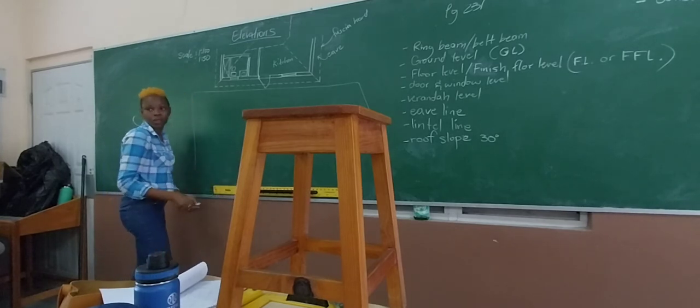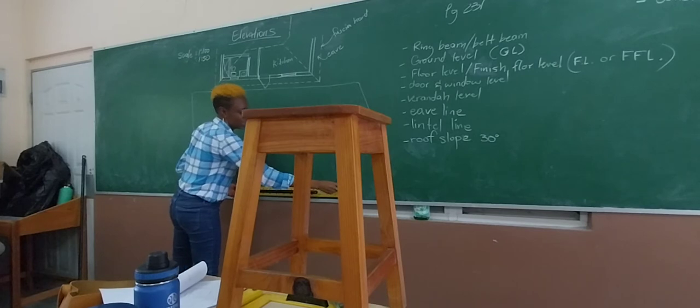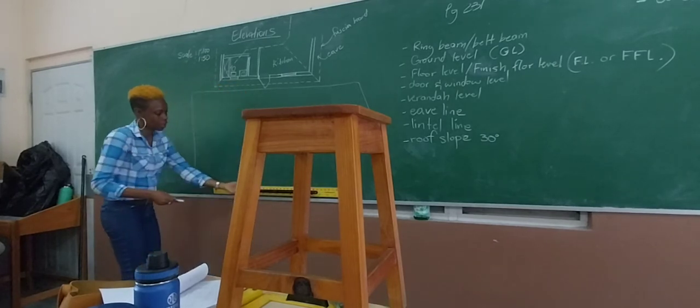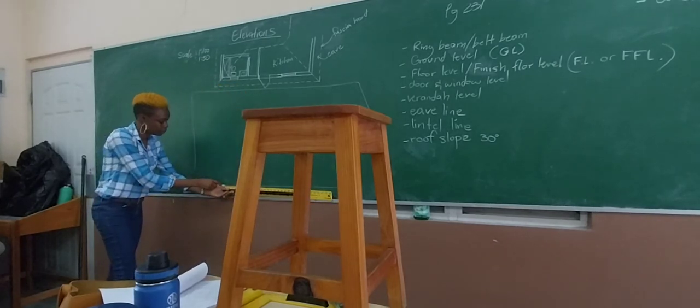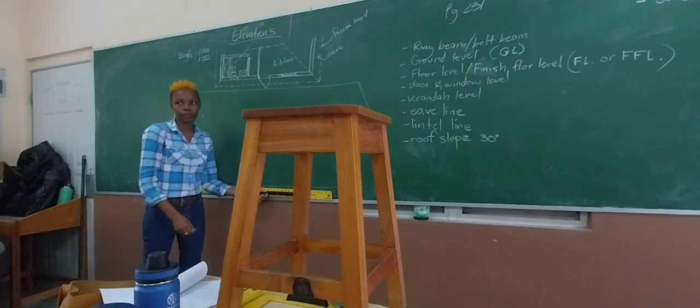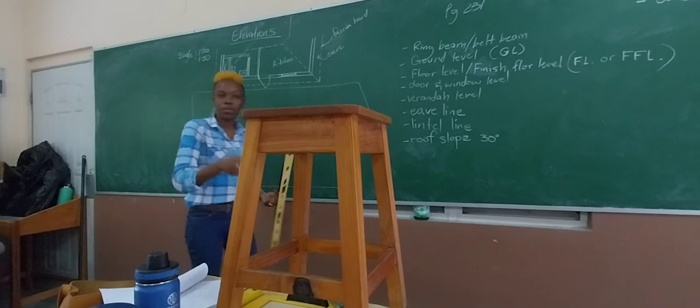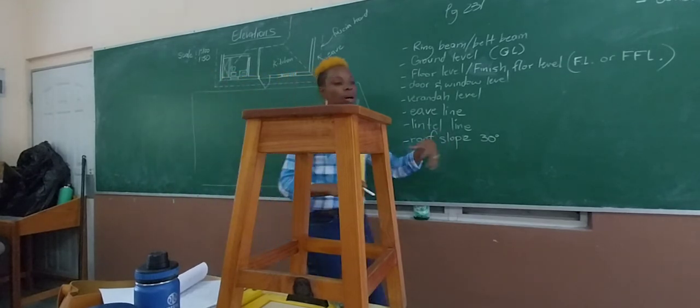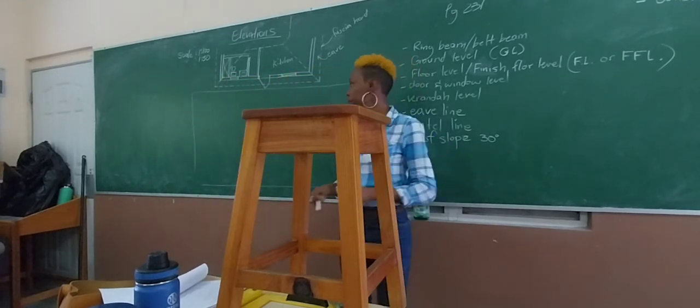That is what you're doing for your elevations for the SBA. So that is your ground level. And the ground is continuous, so your line should be longer than that of your building.